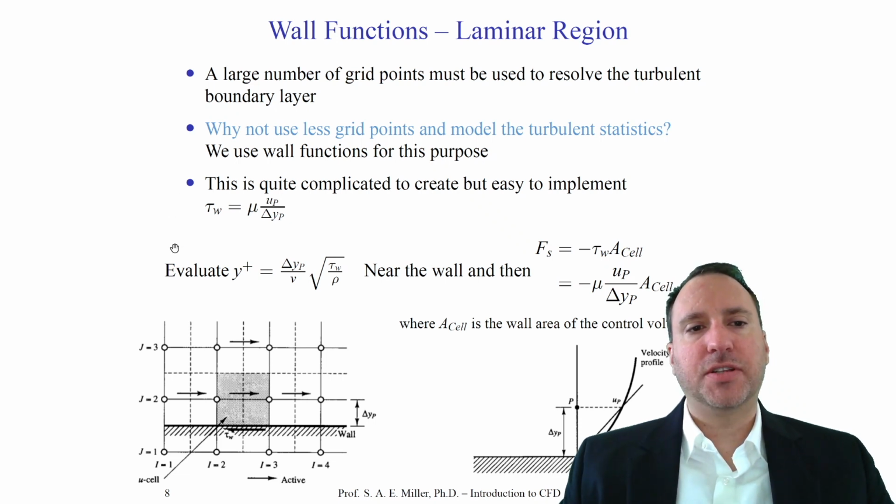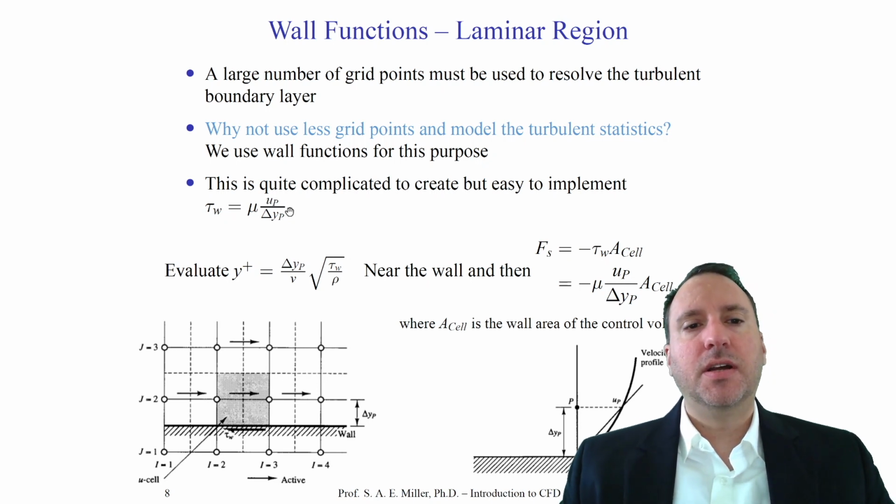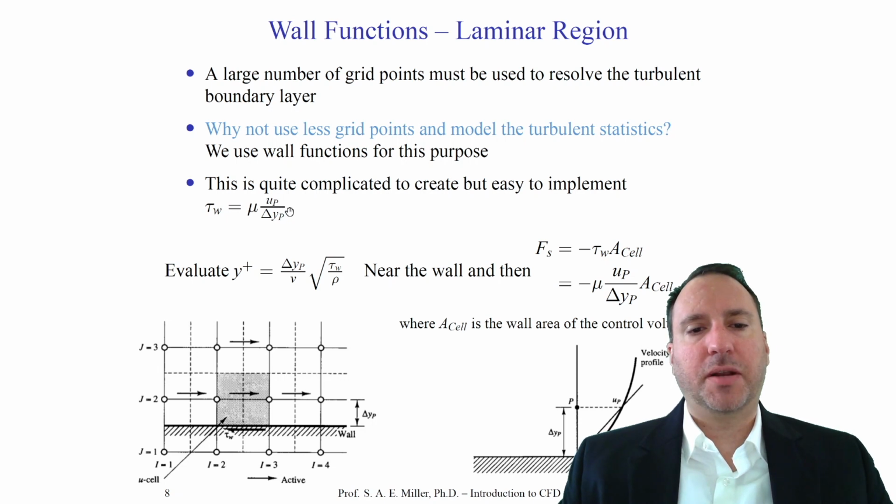Now we can imagine that instead of saying the wall shear stress goes as tau_w equals mu partial u partial y for a very simple boundary layer, it might go as something like mu with some velocity at some point far away from the wall, say y_p distance from the wall, which is much larger than what you would typically resolve, divided by the distance from the wall to a particular grid point, y_p. So we replace that partial derivative with a simple approximation of its slope.